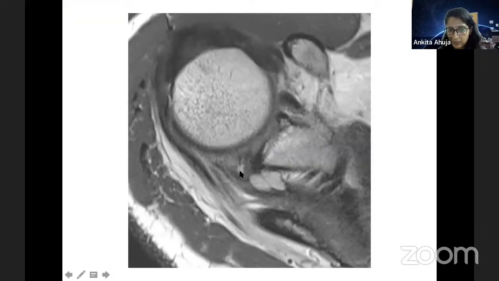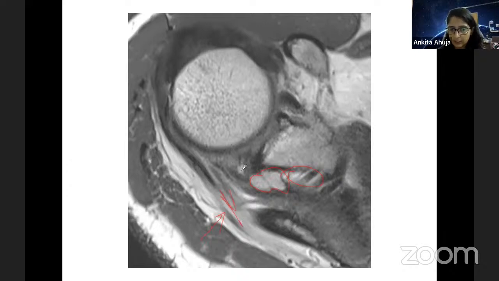And then you see this fluid coming out from here and extending posteriorly into the spinoglenoid notch. So this is your paralabral cyst over here, which is extending into the spinoglenoid notch and likely impinging the suprascapular neurovascular bundle, and that is the cause of denervation which is happening in the infraspinatus.